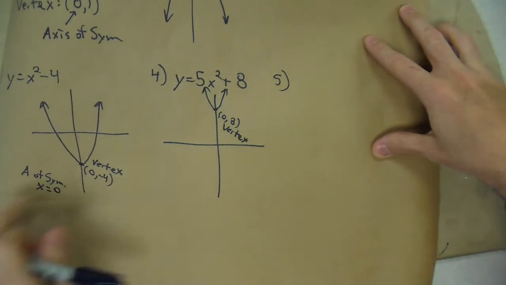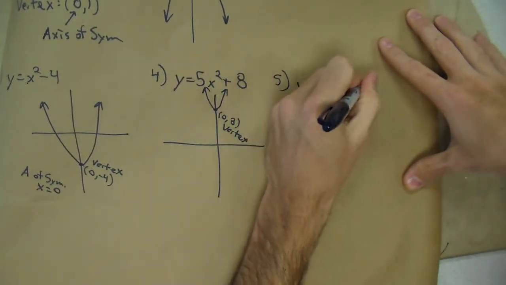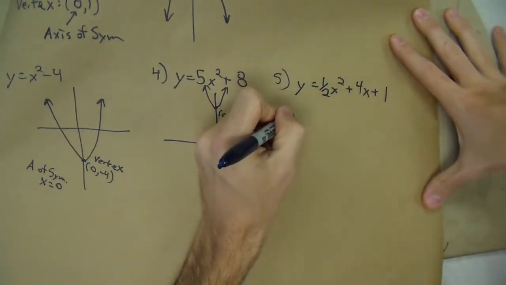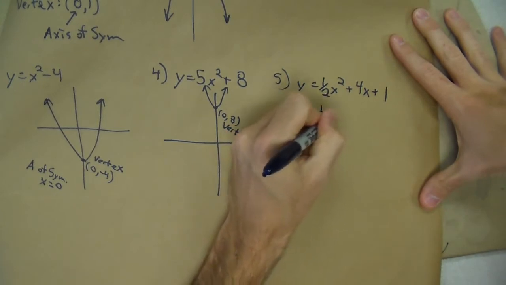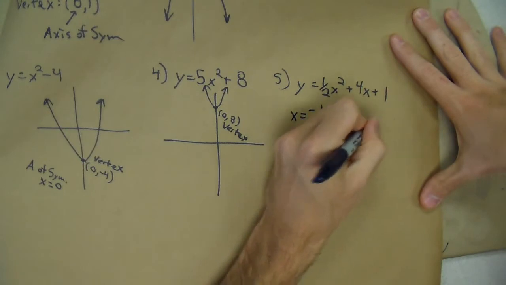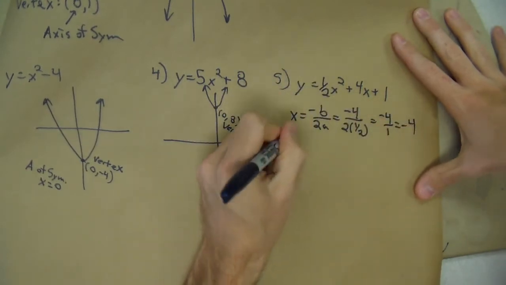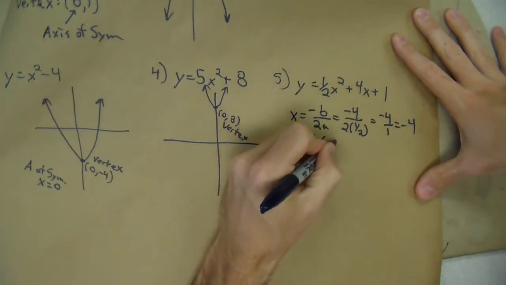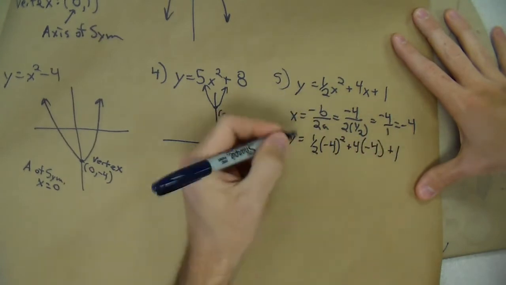Number 5, finally get one to work with here. So first, our axis of symmetry, we're going to do x equals negative b over 2a. Negative 4 over 2 times 1/2 comes about to be negative 4 over 1, or negative 4. We now put that into our equation, and we get 1/2 times negative 4 squared plus 4 times negative 4 plus 1.